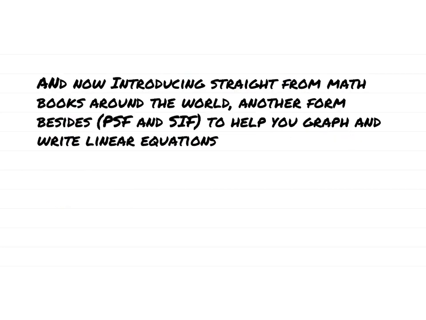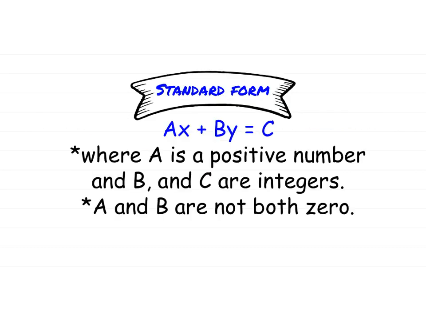And now, introducing straight from math books all around the world, another form besides point slope form and slope intercept form to help you graph and write linear equations. Dun dun dun dun, it's standard form. And the crowd goes wild.